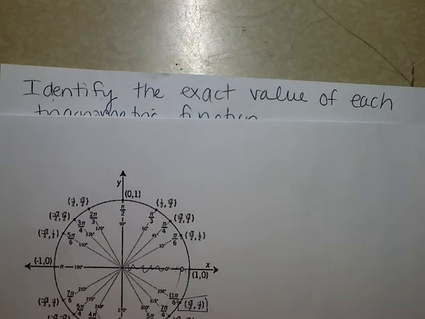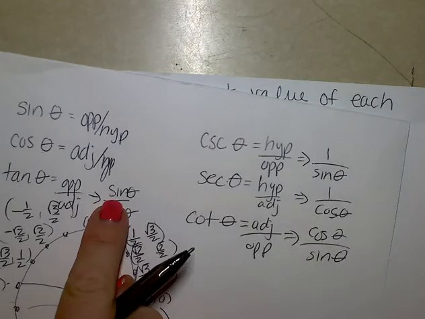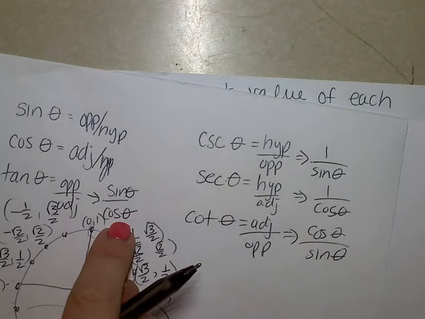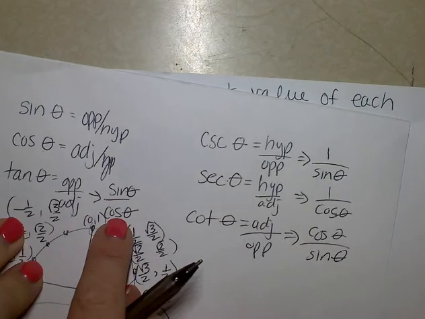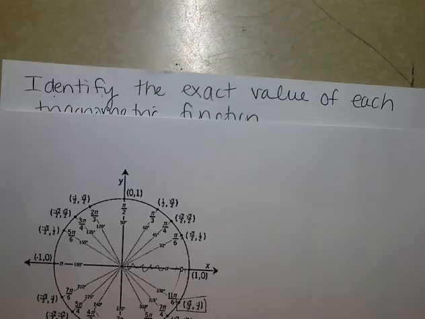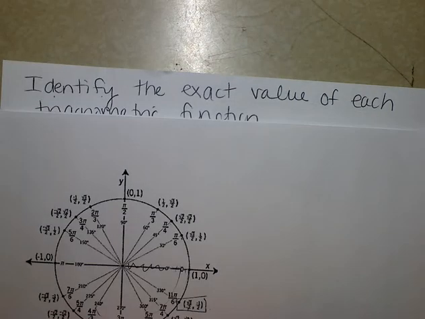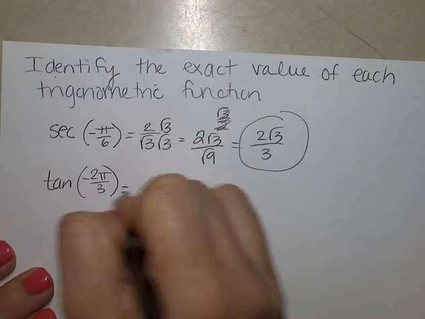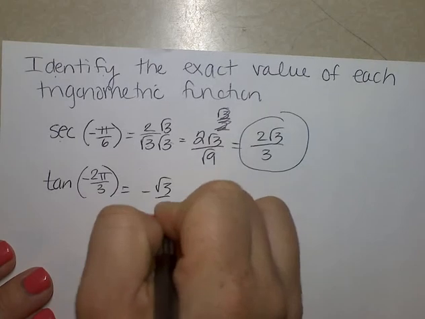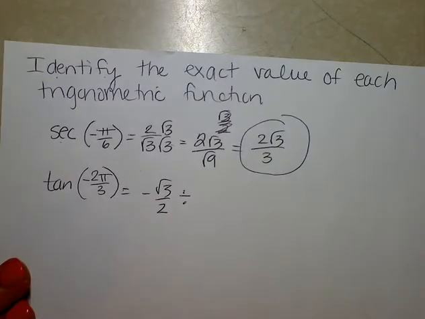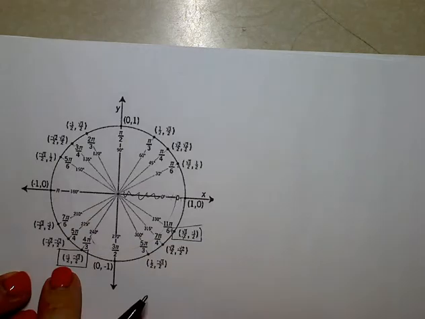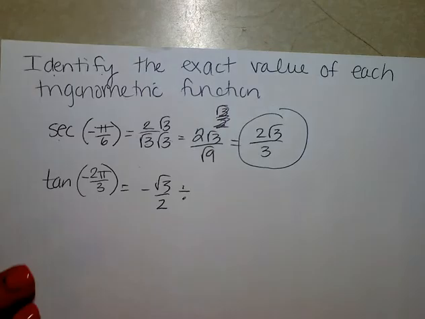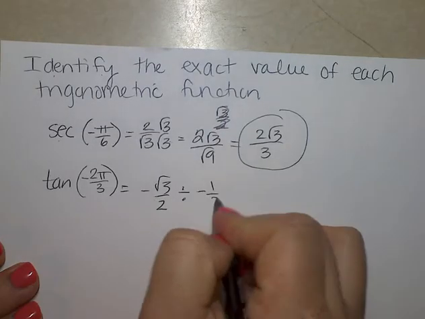Now tangent is sine divided by cosine. So I'm going to identify the sine and I'm going to identify the cosine and divide them in that order. The sine is a negative radical 3 over 2 divided by the cosine of a negative 1/2. Sine divided by cosine.